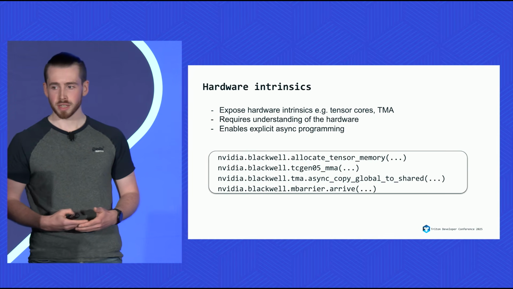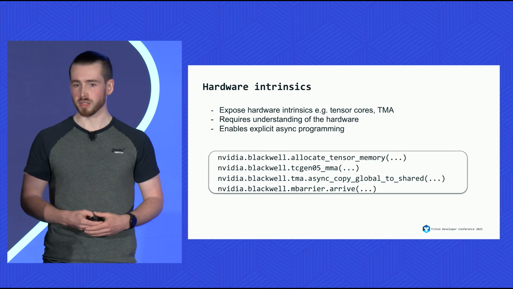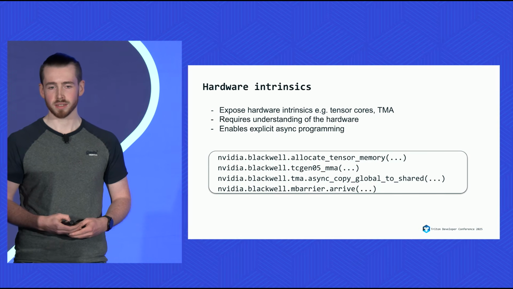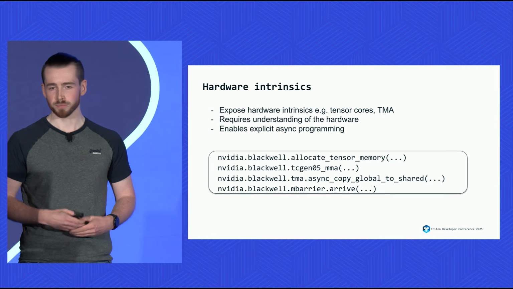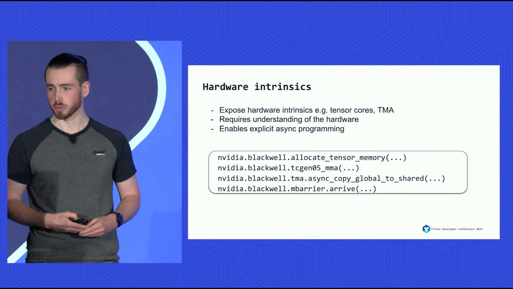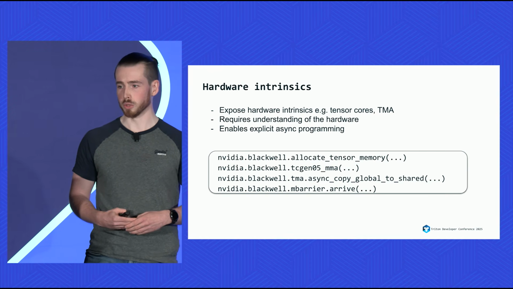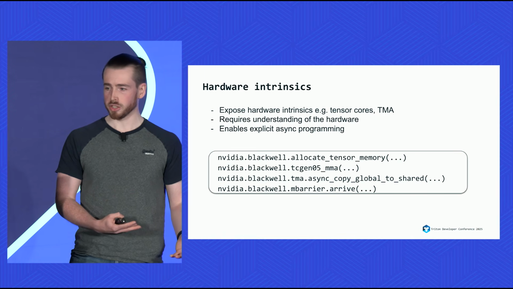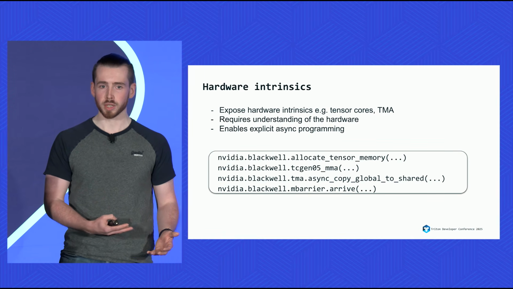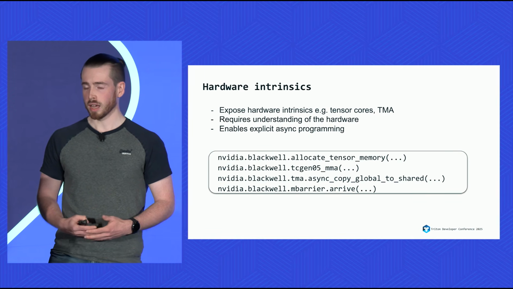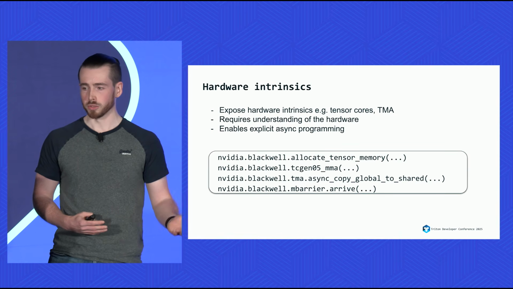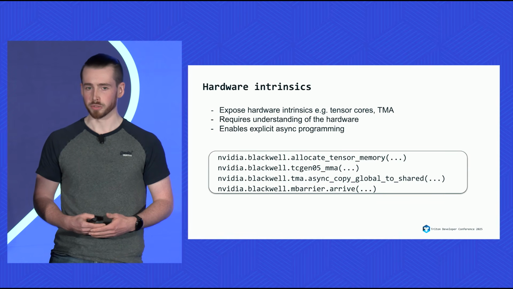The other main feature is that we expose hardware intrinsics that allow you to directly program against the tensor cores and other various hardware features coming out in the latest generations. For example, Blackwell attention has been a major driving force behind the Gluon effort. I've shown some examples of the things that we're exposing for Blackwell.